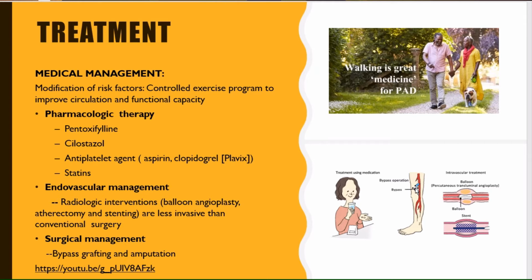Sometimes vessels are taken from the other extremity and sutured above that blockage, and then the blood is diverted through it and attached to the vessel below the blockage, so the blood circulation is restored. The bypass graft acts like a bridge that diverts the blood flow into the extremity.